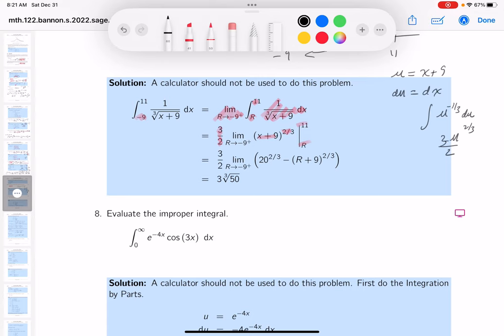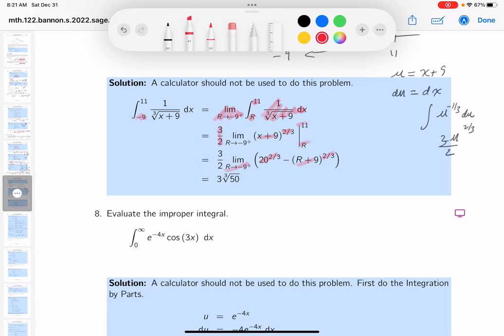Well, if you plug in 11 plus 9, that's 20. I understand that. And if you plug in r, you get r plus 9 to the 2/3, and you're going towards -9 from the right side. And can you do that? Of course you can do that. A very simple limit to do.